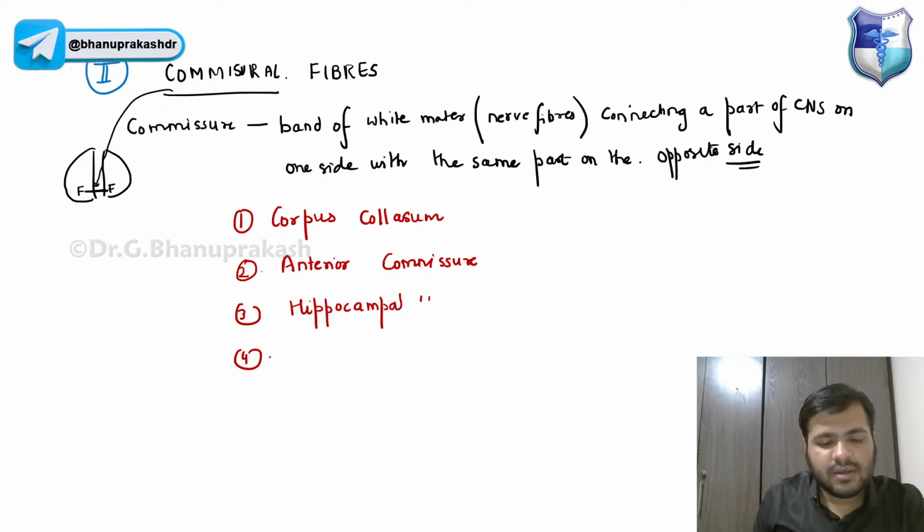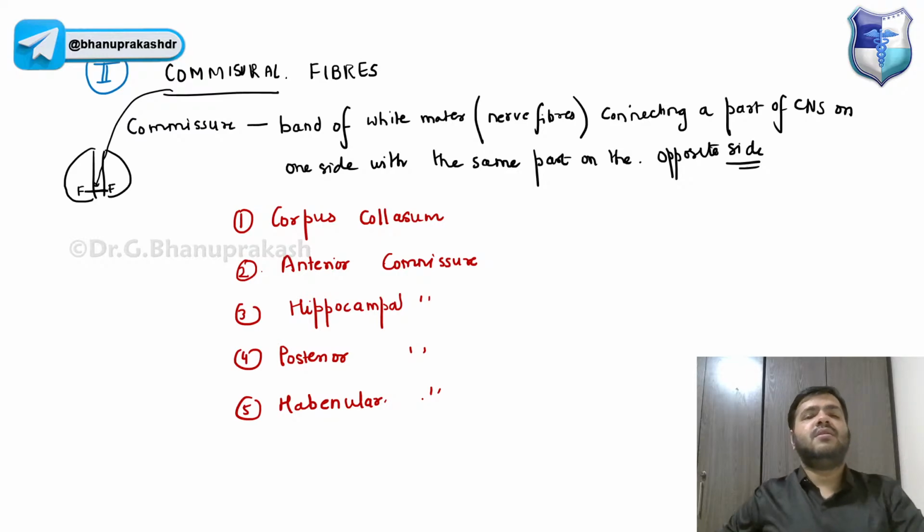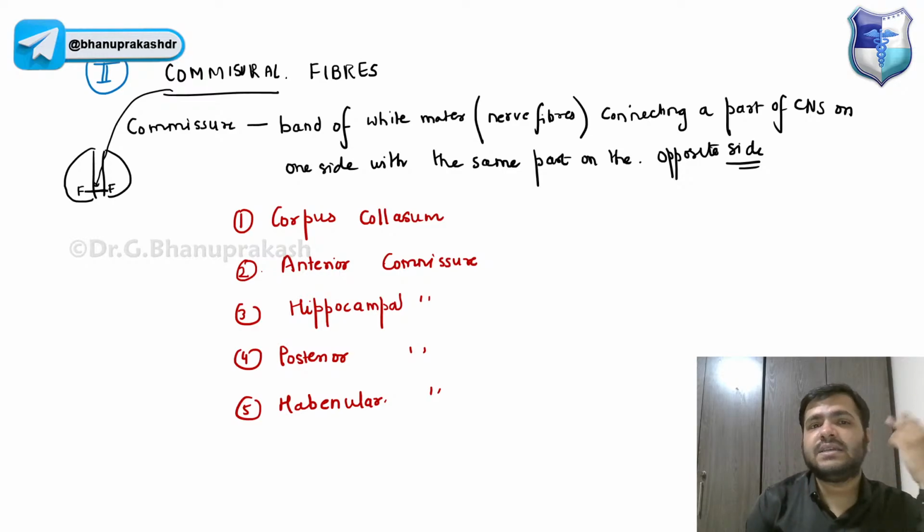We have the posterior commissure, and we have the habenular commissure. So we have corpus callosum, anterior commissure, hippocampal commissure, posterior commissure, and habenular commissure. So we have these 5 types that we have to remember.